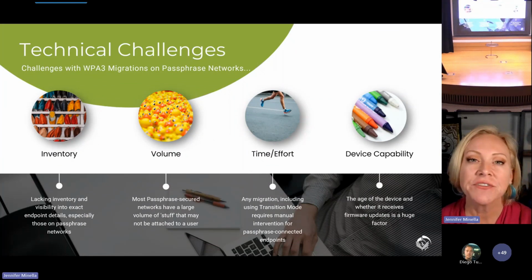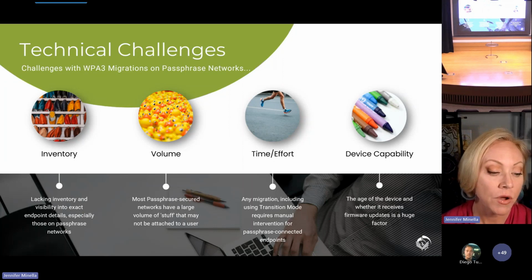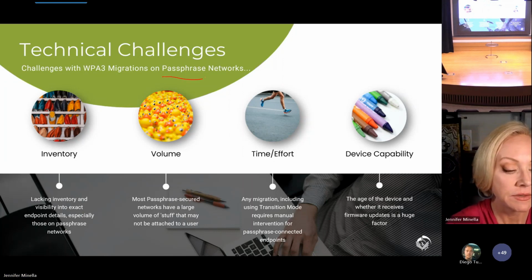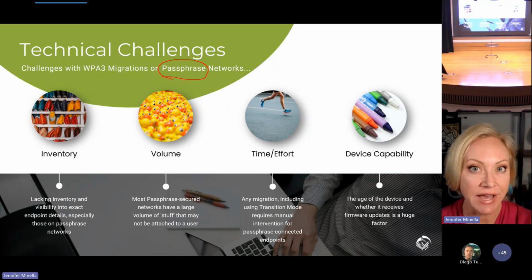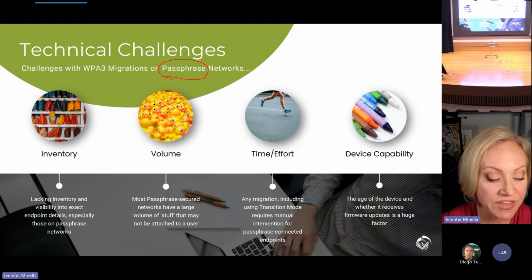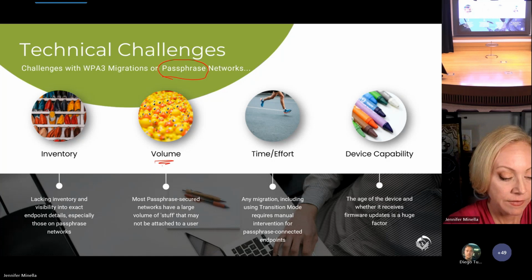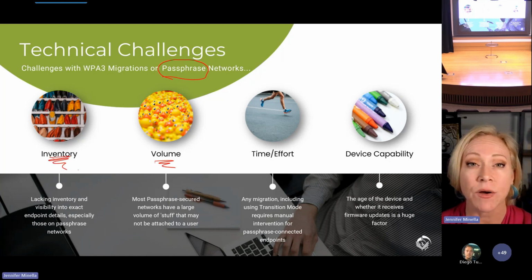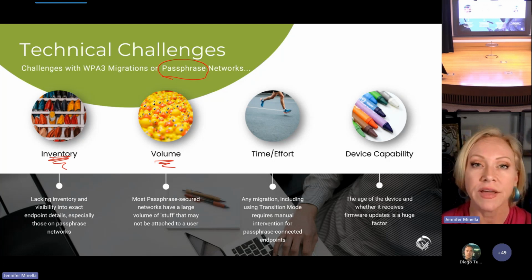So the normal technical challenges we're dealing with throughout this are on a passphrase network. Again, I'm focusing my attention on that for right now. We sometimes have a lot of things and we don't always know what they are, whose they are, or physically where they are in space.